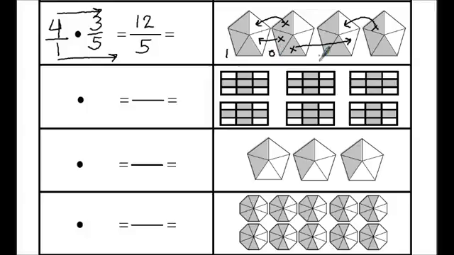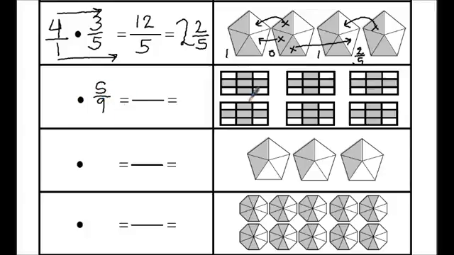We have one whole pentagon and 0 here because we took all those away, and one whole pentagon here, and I have 2/5 of a pentagon here. So 12/5 is actually equal to 2 and 2/5. We can see that because 5 times 2 is 10, and 10 plus 2 is 12. So that makes sense.